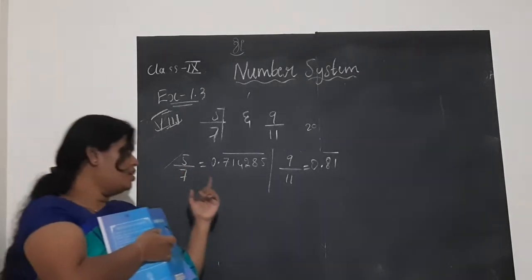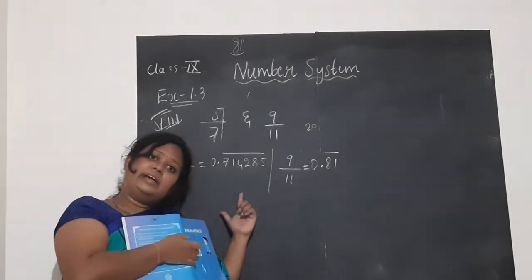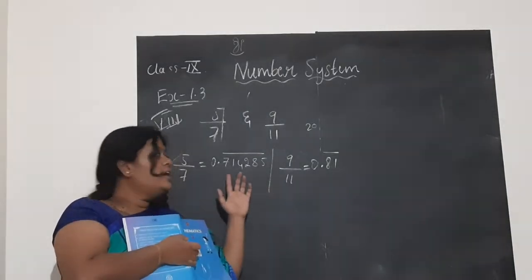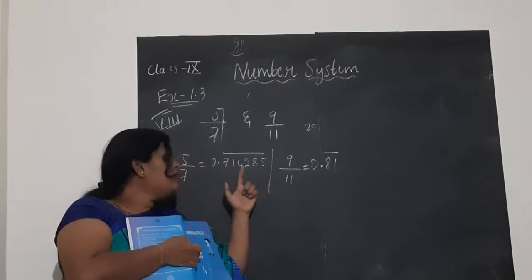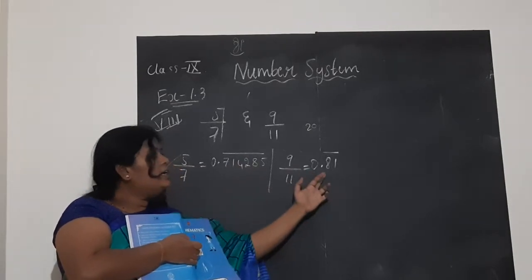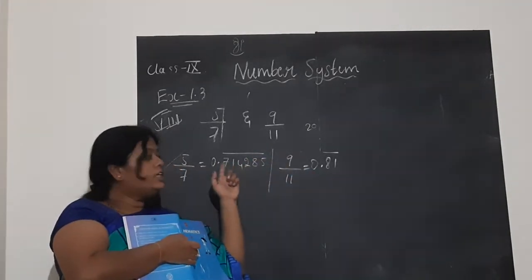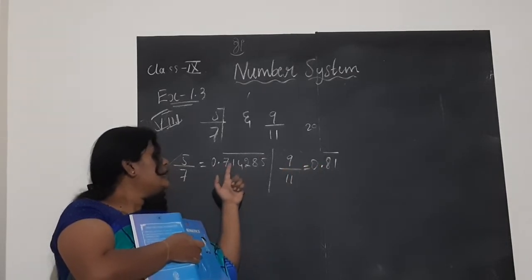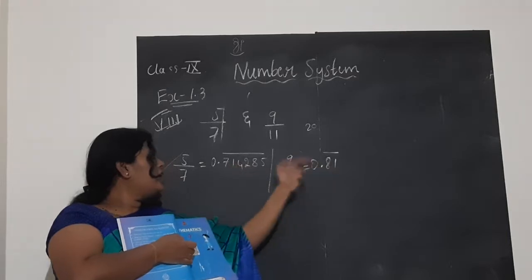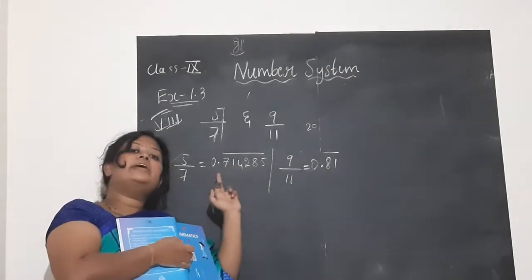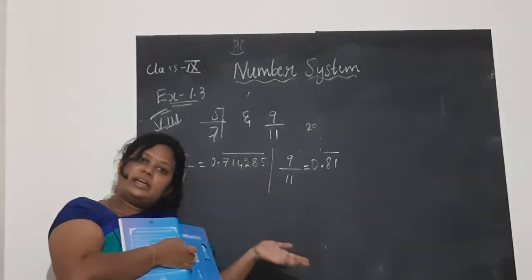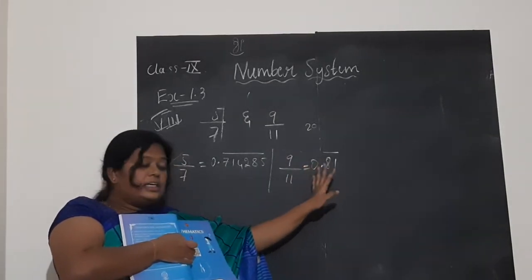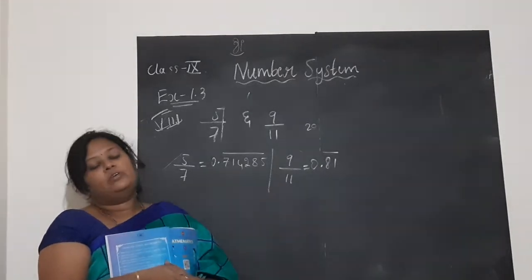Now you can write any number or any decimal expansion in between 0.714 and 0.8. After 0.7, 0.8 is there, children. So we will go to the second decimal place, 1 and 1 are there. So after 0.7, you can take any number that is less than 0.8. Hope you are clear.